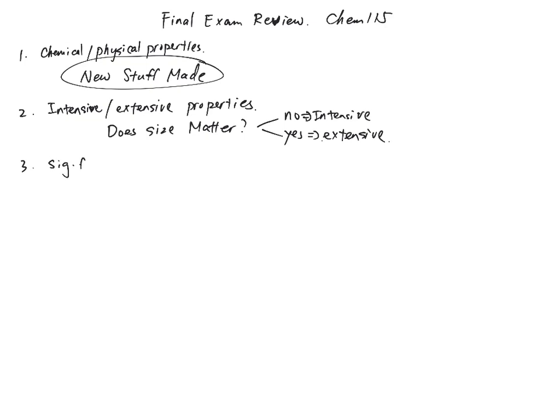Sig figs and scientific notation and the calculations that relate to them. Okay, now can you count sig figs correctly? What are the rules of applying sig figs in your calculation?